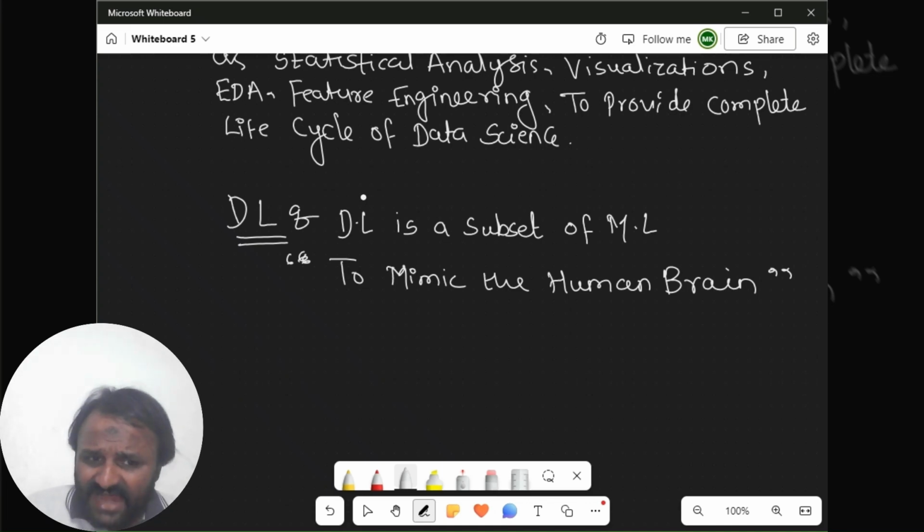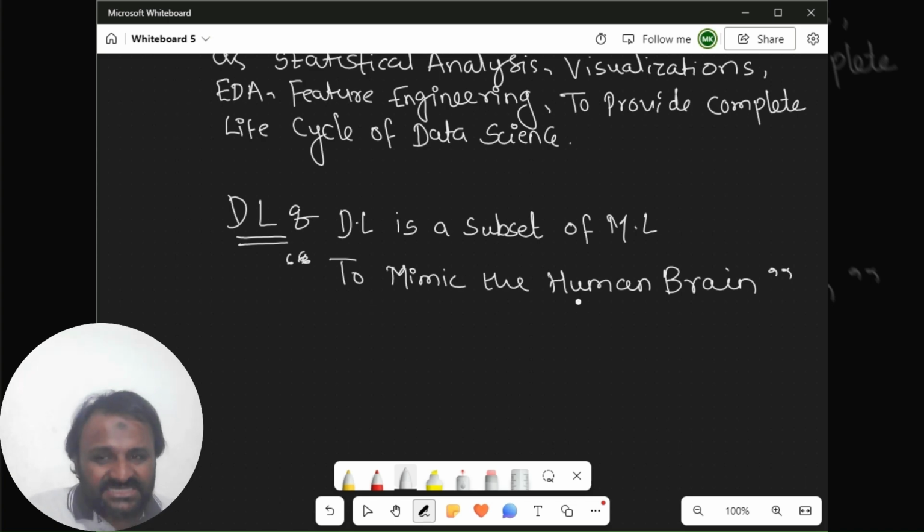The entire idea of deep learning is to mimic the human brain, as I told: the way a human brain works, similarly we have to keep our model to understand and to react. So this is about deep learning.